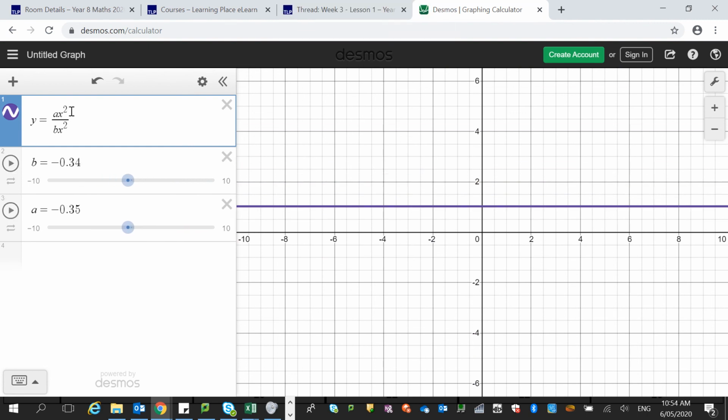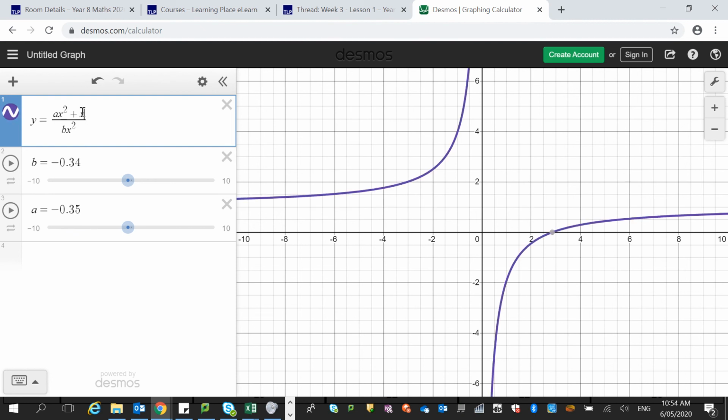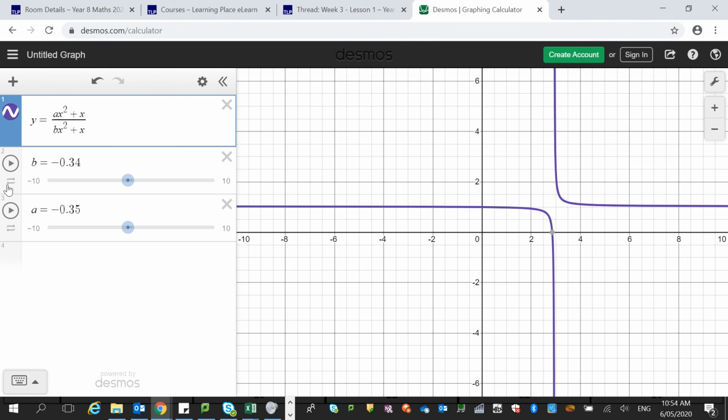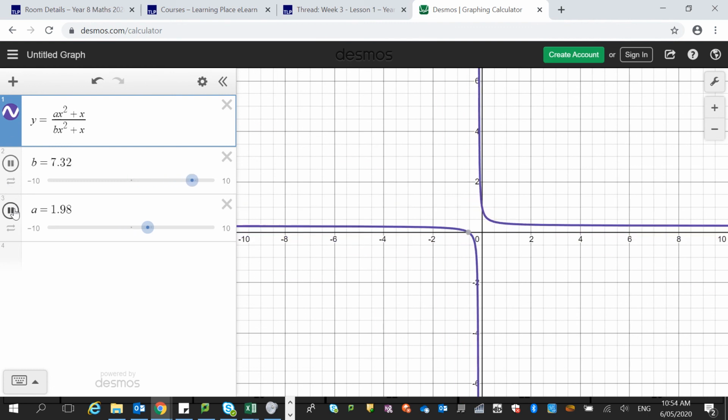There we go. So that should work. That should make it nice and good.